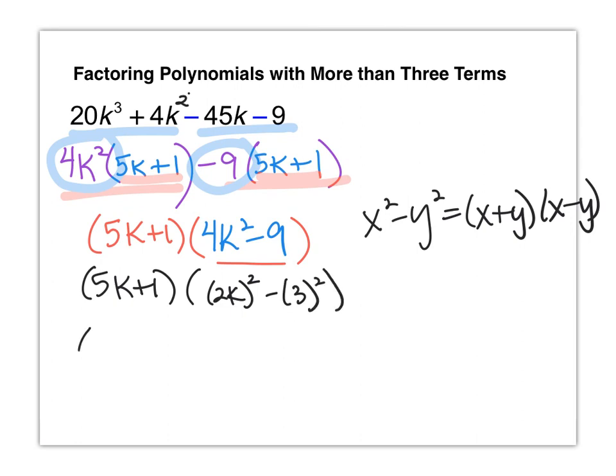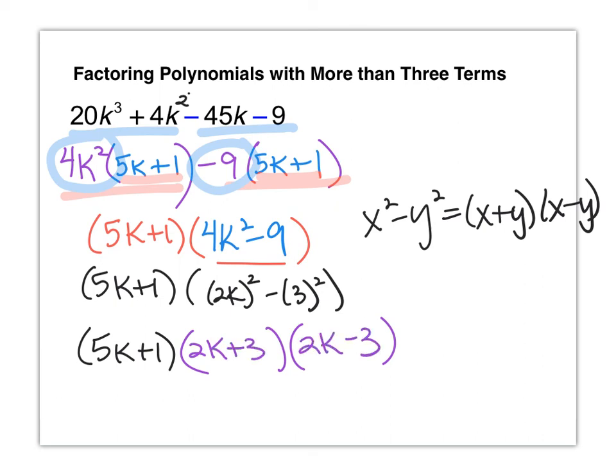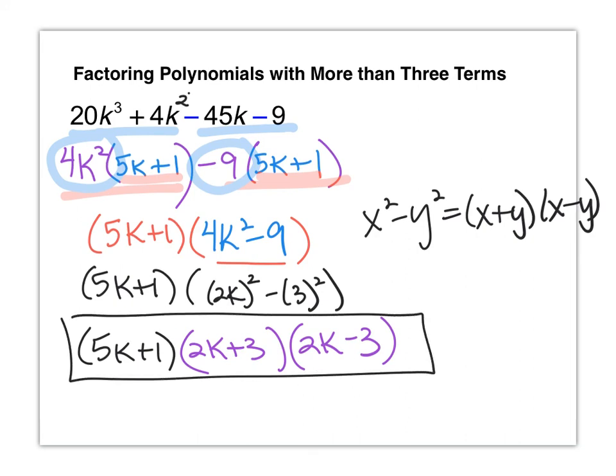So our first factor is still 5k plus 1, and then in factored form, the other factors are 2k plus 3 and 2k minus 3. So this is your polynomial in completely factored form.